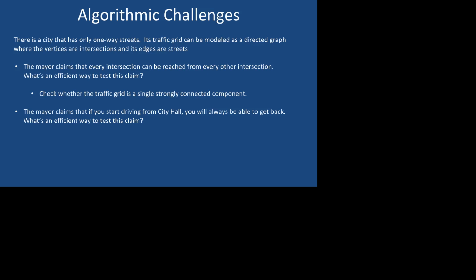Yeah, there's a simpler way to put it. Well, you could. The answer to the first question, there would be one chunk. But I'm not asked that question. I'm not saying you can get everywhere from City Hall. I'm saying that wherever you get to from City Hall, you can get back to City Hall.